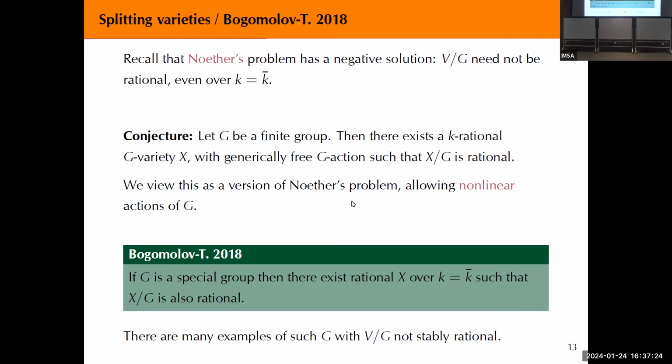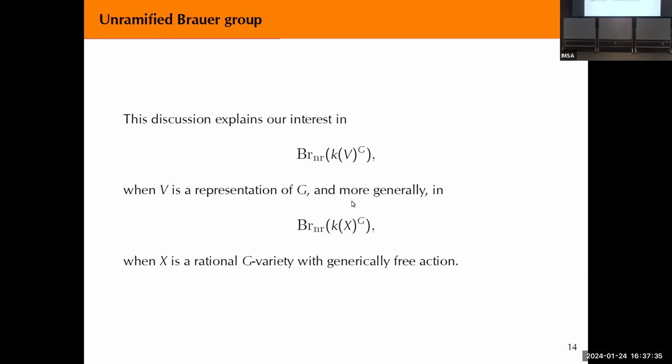And there are plenty of examples like that of such G, so that the obvious linear action produces non-stably rational quotients. So I hope that the discussion explains our interest in computations of unramified Brauer groups of these fields of invariants for representations, but also for even nonlinear actions, arbitrary varieties, let's say rational varieties with G actions.